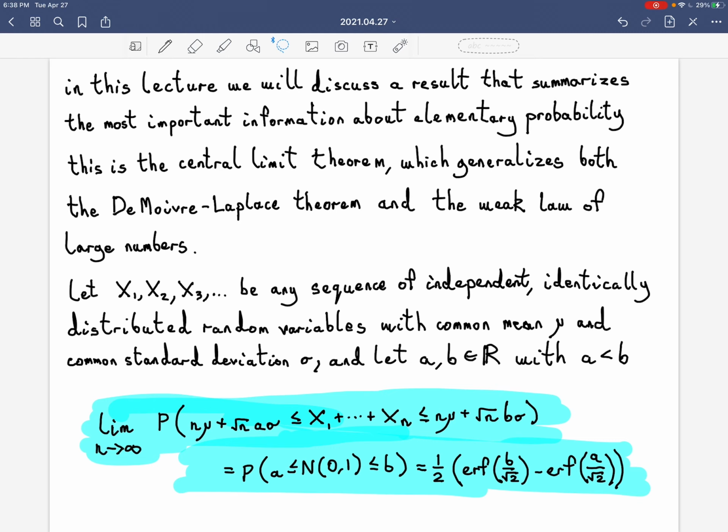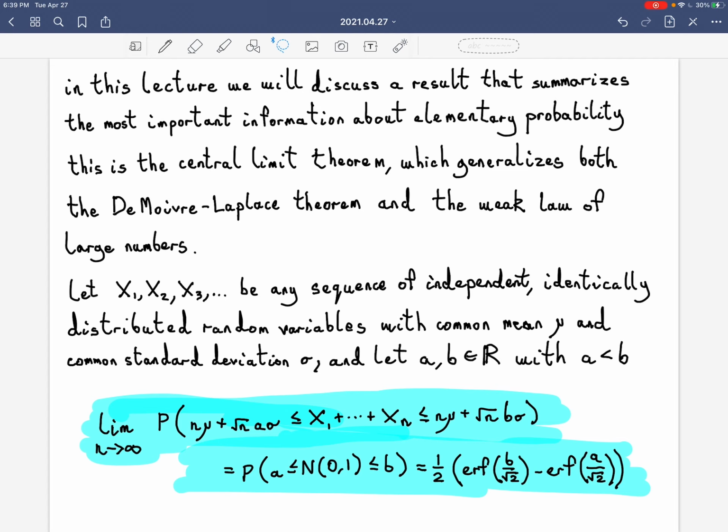And then we have the idea that sigma is the common standard deviation, and when you add up n independent random variables, the standard deviation scales like the square root. So square root n sigma is the standard deviation of the long-term sum.